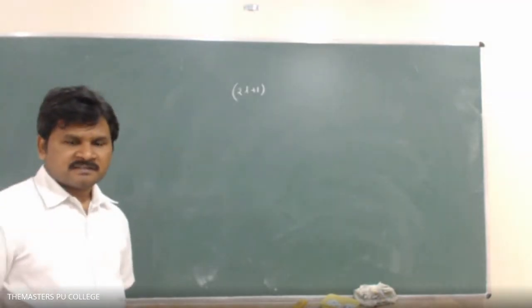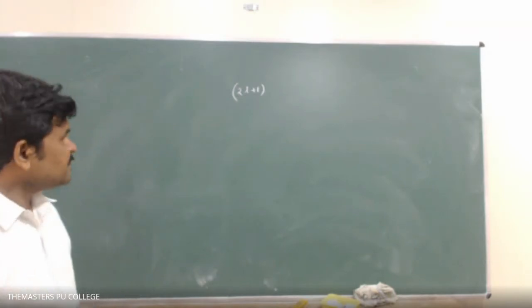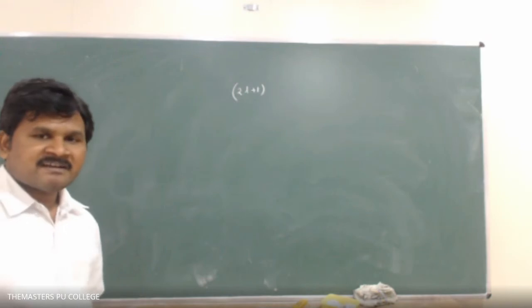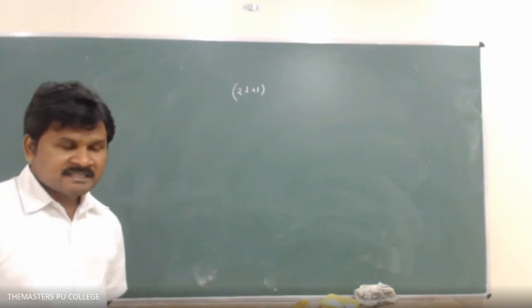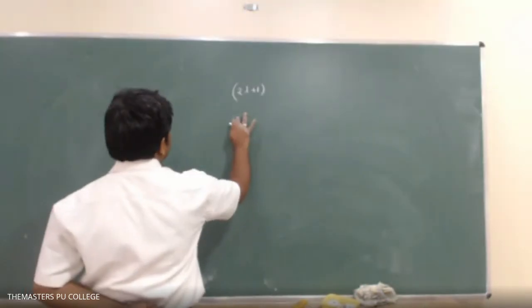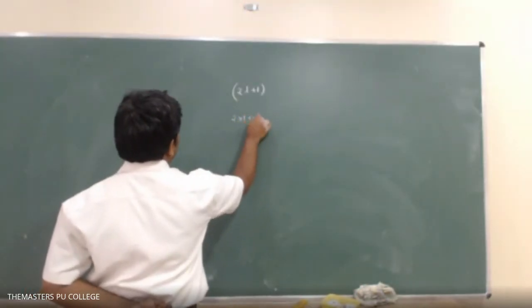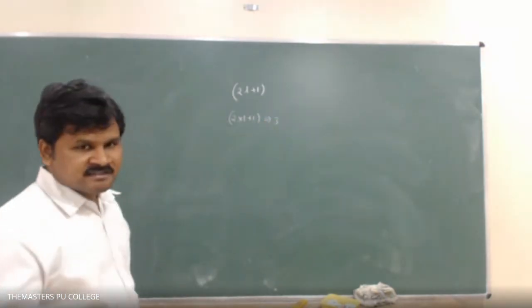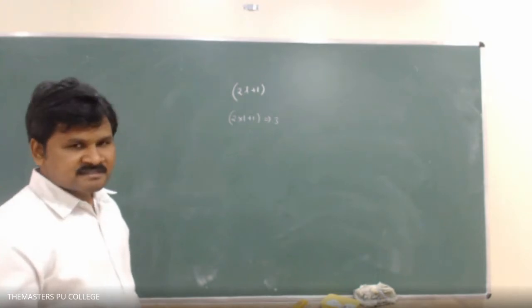That is the meaning. If you take p subshell, what is the L value for p orbital or p subshell? 1. So 2 into 1 plus 1. How much? 3. 3 orbitals means 3 boxes only. 3 boxes are present in p subshell.